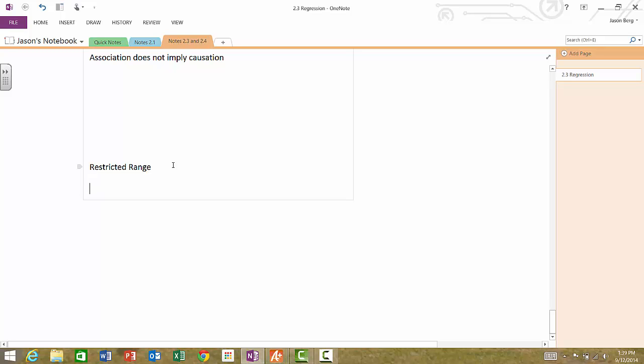Restricted range: the regression line is only good through the range of data which produced it.